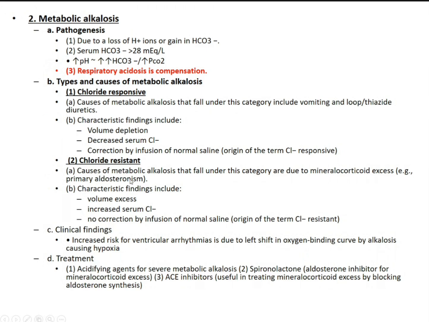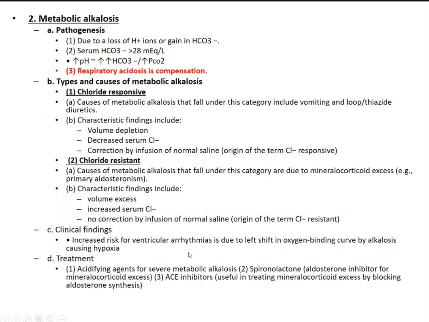Causes of chloride resistant metabolic alkalosis are due to excess mineralocorticoid or primary hyperaldosteronism. There is a volume excess, and here the relation is direct. So there is increase in bicarb as well as increase in chloride. Right. So if you have alkalosis with increased bicarb, increased chloride, you want to suspect chloride resistant metabolic alkalosis.